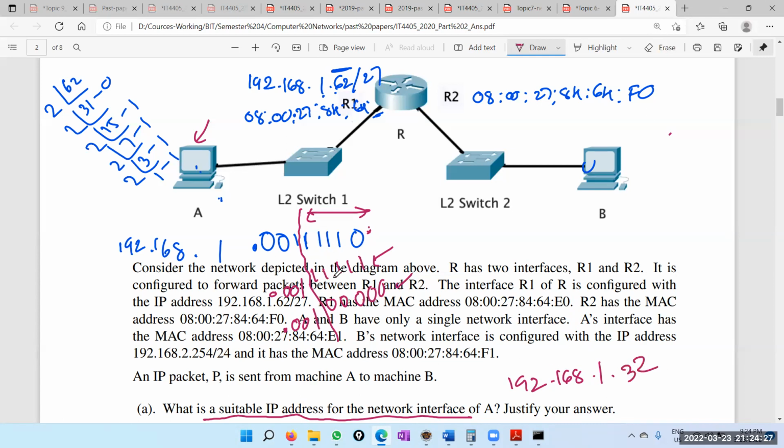The biggest number is when all these are 1: 1, 2, 4, 8, 16, 32, 64, that is 128 minus 1, which is 127.